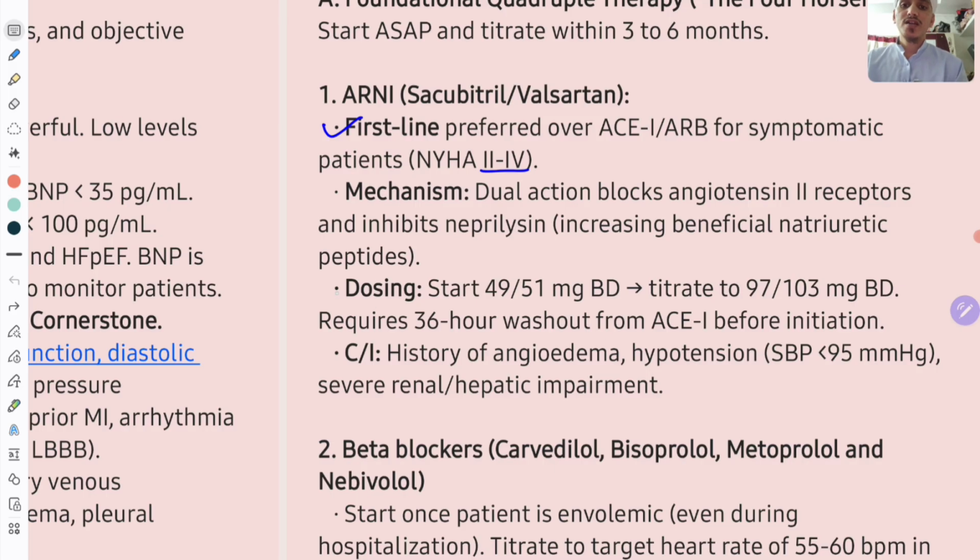Okay, what is the dosing? Start with 49 mg of sacubitril and 51 mg of valsartan, total of 100 mg BD. Start with 100 mg BD and titrate to 200 mg BD.